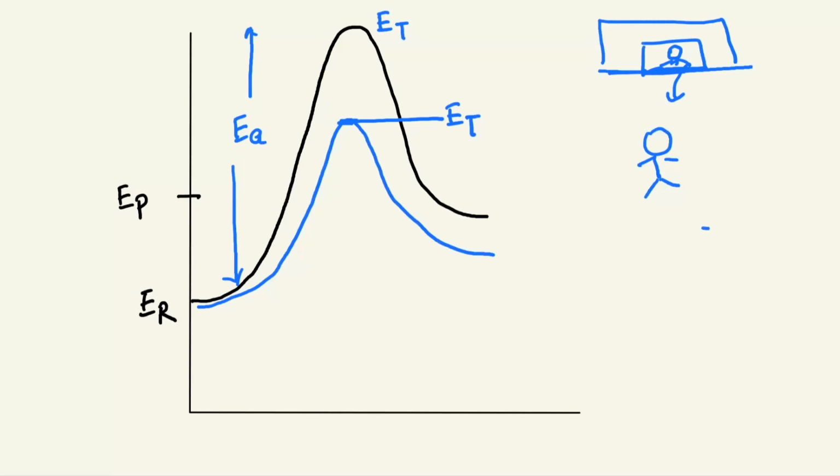Which of the two reactions, the one in black or the one in blue, will take place faster? Yes, of course, the one in blue. Why? Because the threshold energy is lower. The reactant molecules have to acquire only a very small amount of energy in order to cross that energy barrier. Oh, I ended up explaining the concept of activation and threshold energy again.